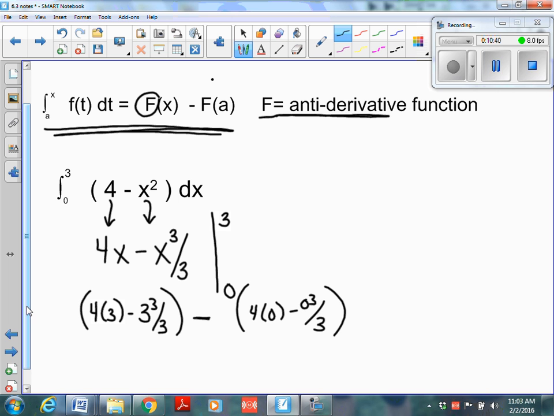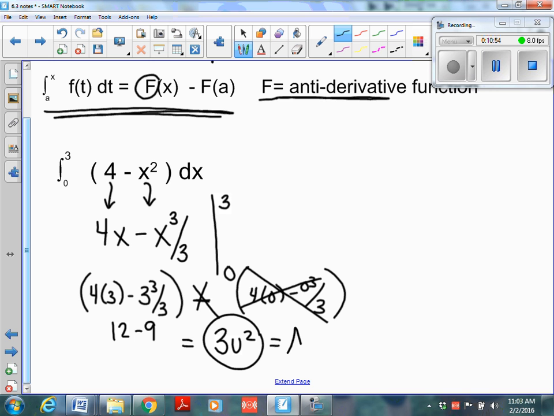And you're going to end up with all this canceling out. So 12 take away 9 is equal to 3 units squared. And that's how you find the antiderivative, or, really important, this is how you find the area under the curve.